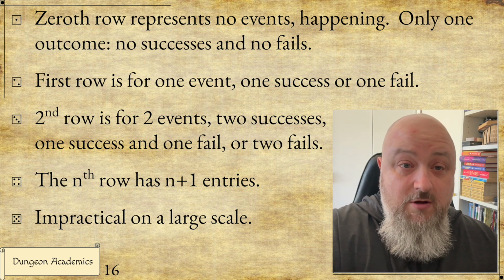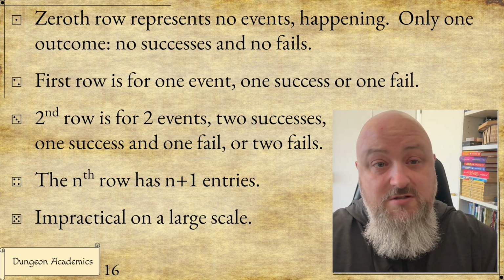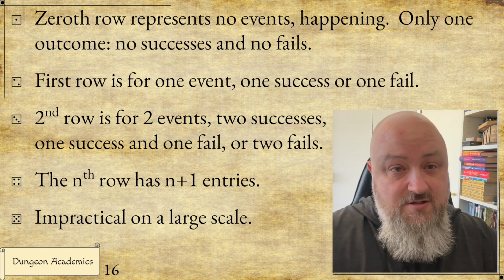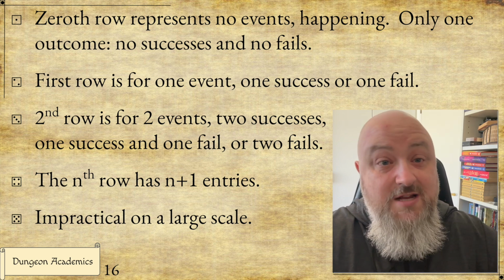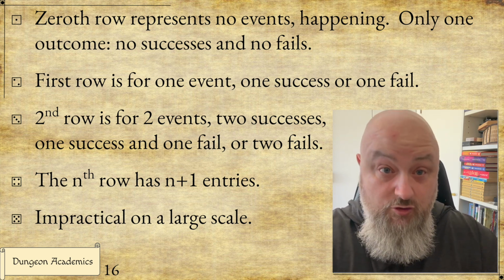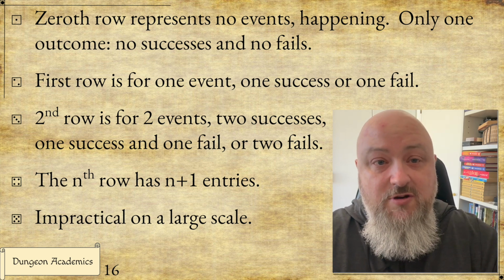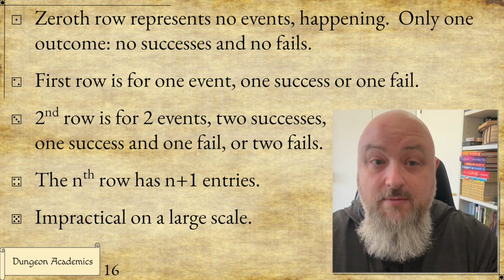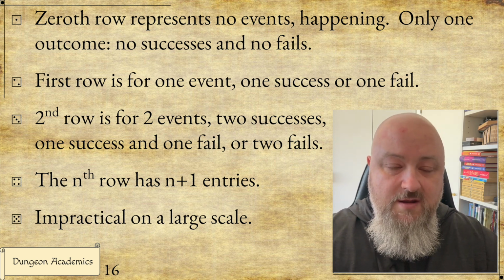The second row tells you about 2 events. The first entry is 0 successes and 2 fails. The second entry tells you how many ways there are of arranging 1 success and 1 fail, 2. And the third entry tells you how many ways there are of arranging 2 successes and no fails. Only one way there.